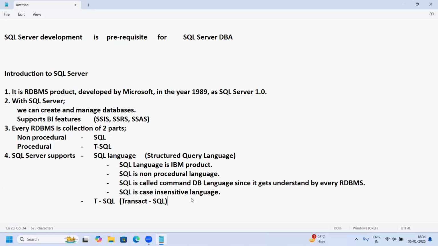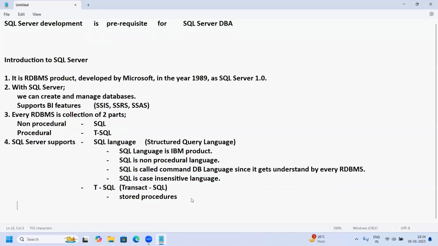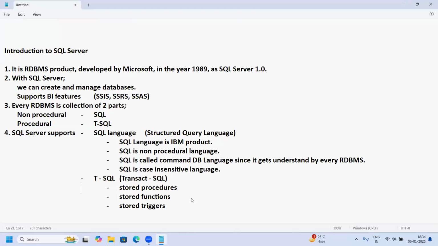What do you need in this? Oh, a lot of things are there. I'm not saying that you should know everything. Compulsorily, you should have knowledge of stored procedures, functions, triggers. I won't explain any coding, but I'm just telling you what things are available.